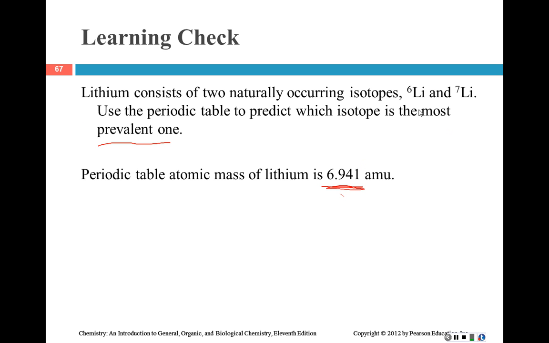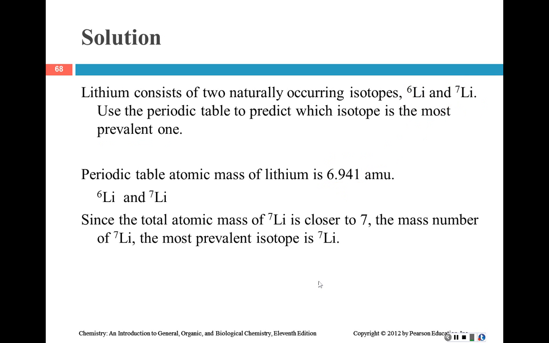Well, if it could be a mass of 6 or a mass of 7, and the weighted average is 6.9, which one is that closer to? 6 or 7? Well, it's a lot closer to 7 than it is to 6. So probably lithium-7 is going to be the most prevalent or the most abundant.